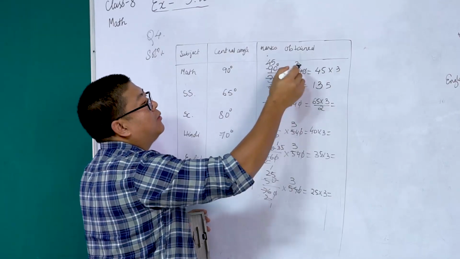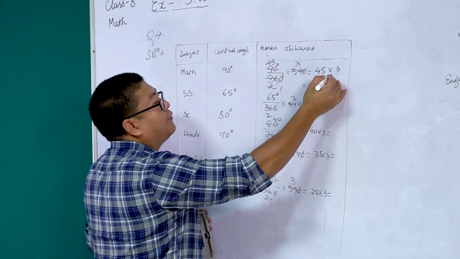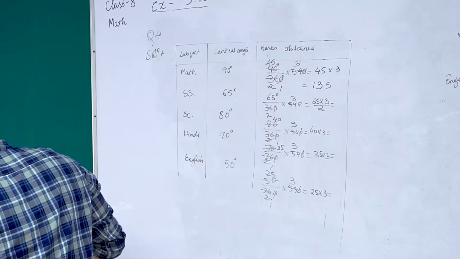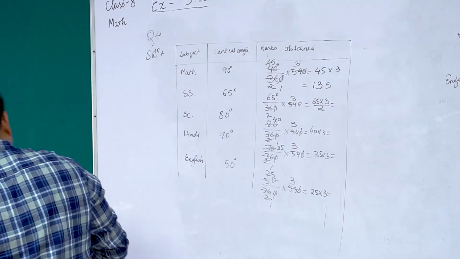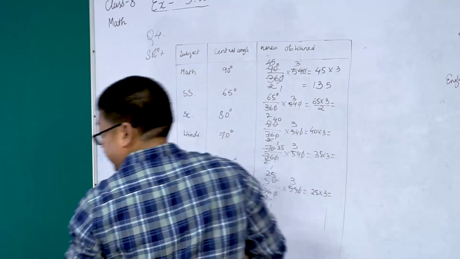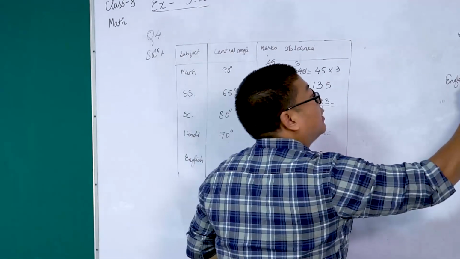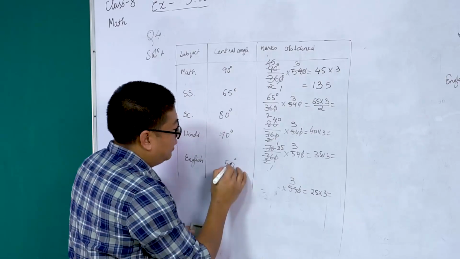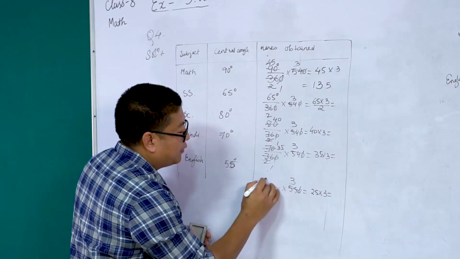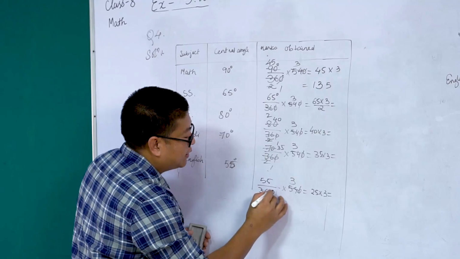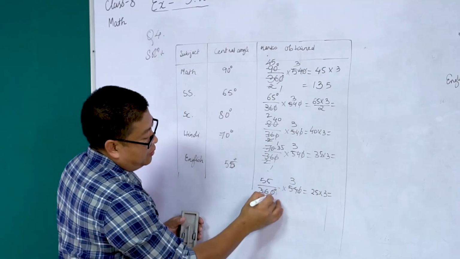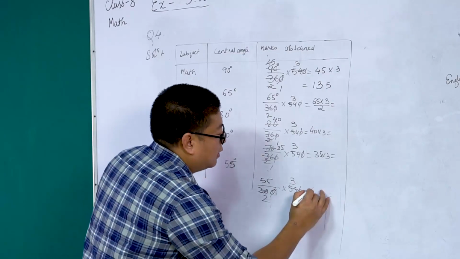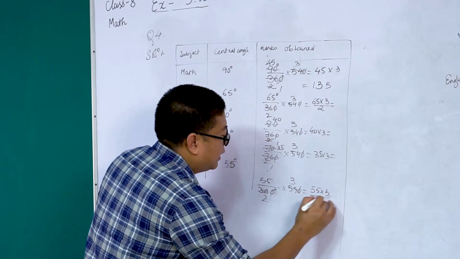So when we cancel out and multiply, we get 45 into 3 is 135. And this, I think in the question I made a mistake. It will be 55. So 55 by 360. So 0 cancel, 2. 55 we cannot cancel. It will be 55 into 3 by 2.